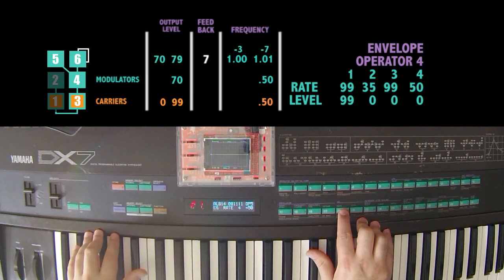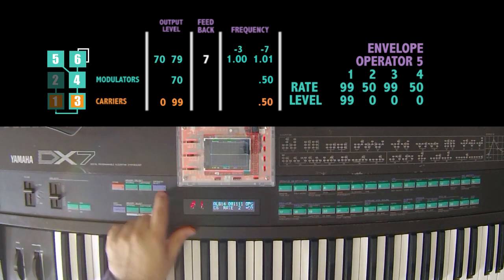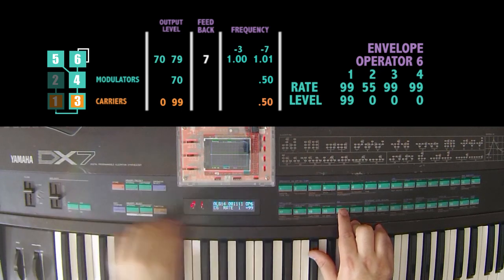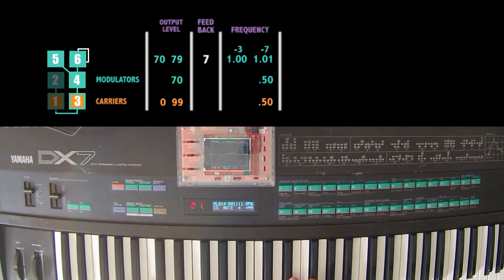Select operator 5, and the only change here is operator 5's rate 2 value, which is 50. Then I go to operator 6, and operator 6 has these values: rate 1 99, rate 2 55, rate 3 99, and rate 4 99. And there we have solid bass.